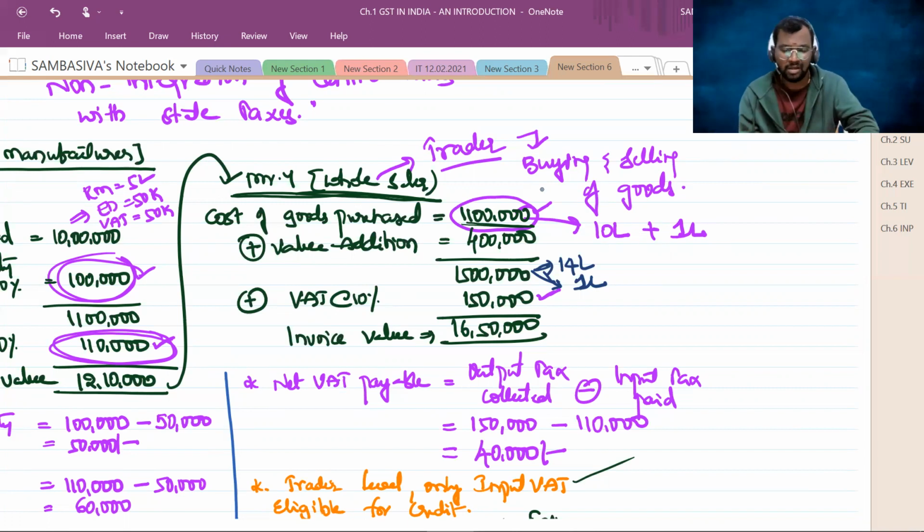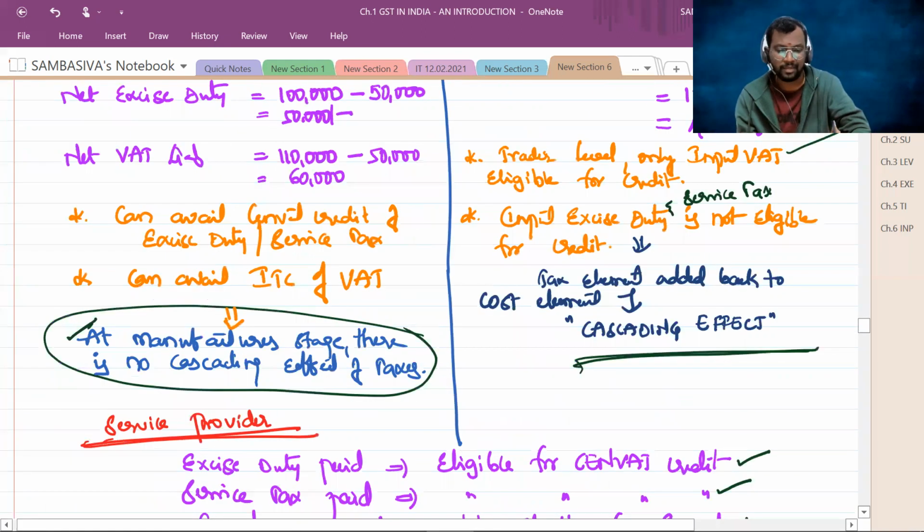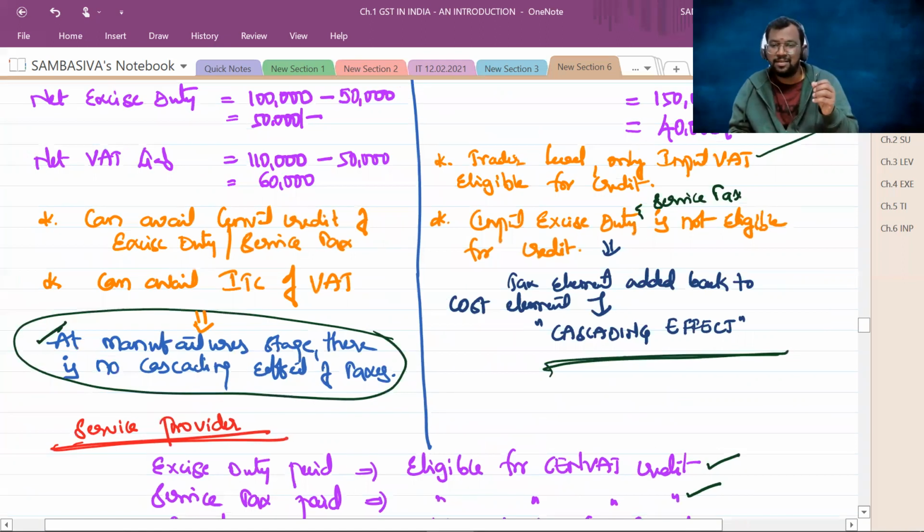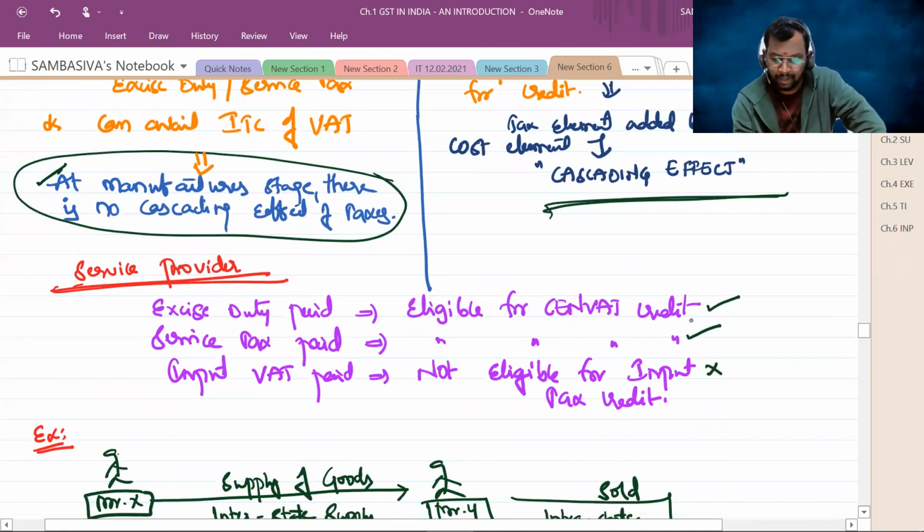In similar lines, for a service provider, only the service tax element and the excise duty element are eligible for credit, but VAT is not eligible for credit, right? You can see here, excise duty paid is eligible for SENVAT credit for the service provider, service tax paid is eligible for input tax credit, input VAT paid is not eligible for input tax credit.